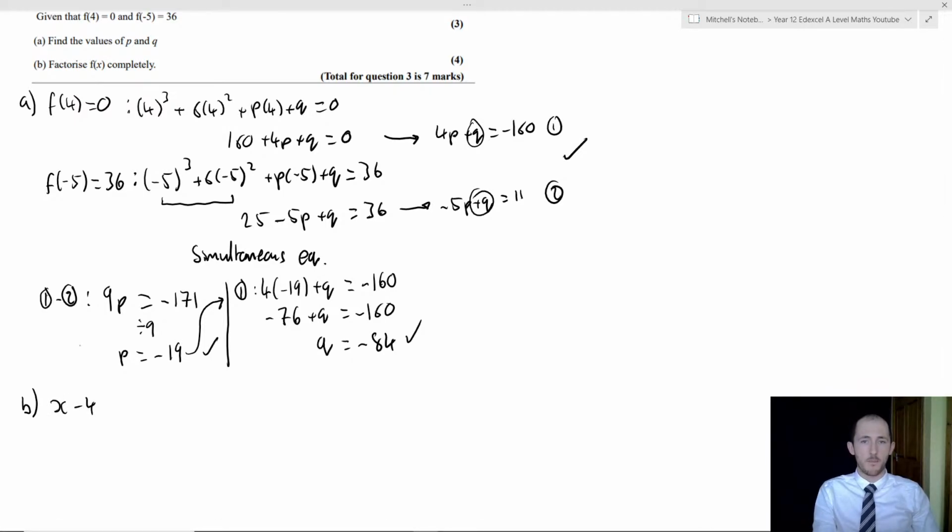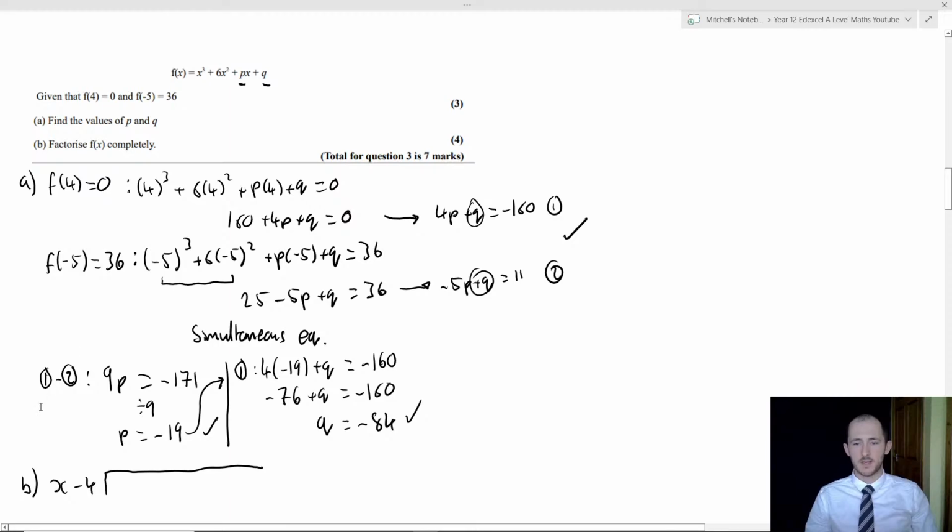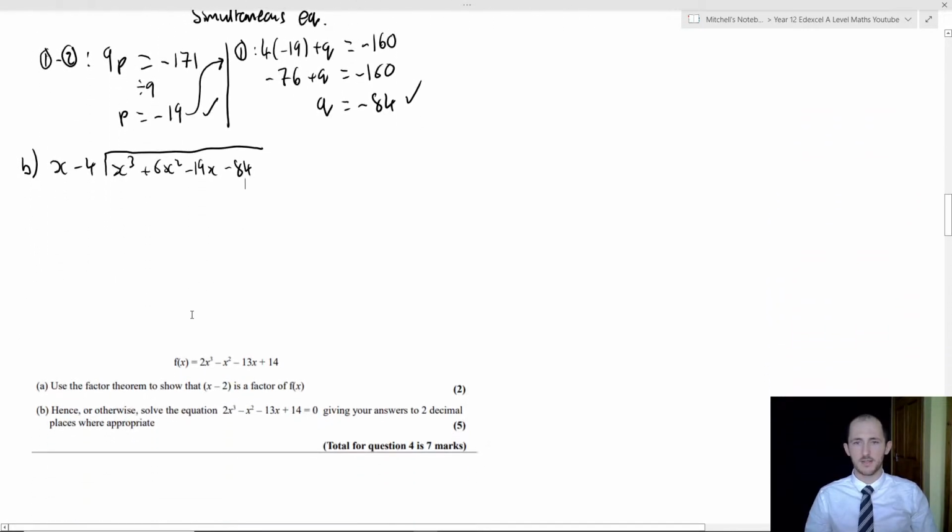Remember, we have to swap the sign in front of the number. And then we're dividing x cubed plus 6x squared. p was minus 19, so minus 19x. q was minus 84. Okay, and now we can actually do the division.